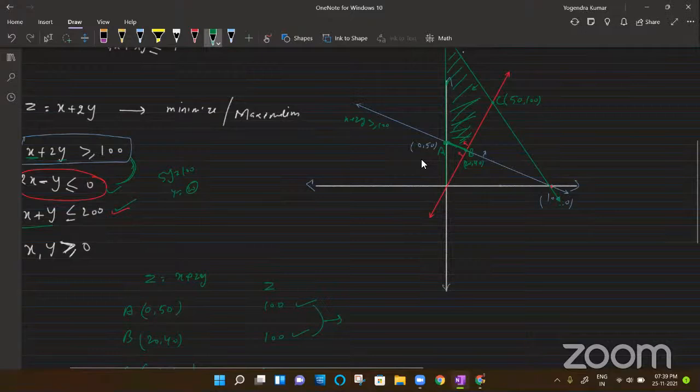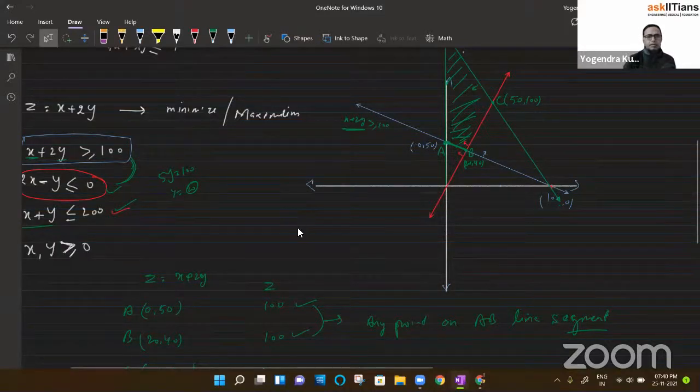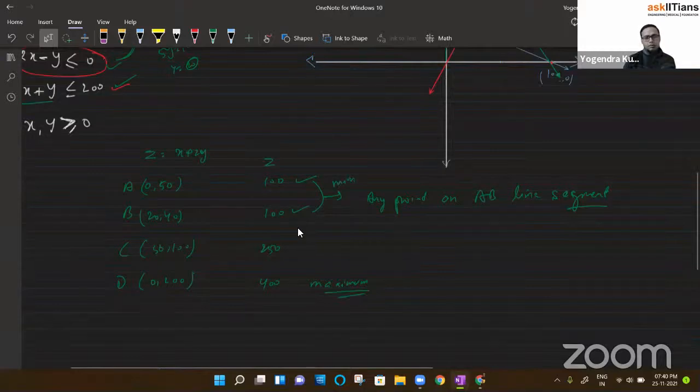Because the equation of the line is x plus 2y equals 100, for any point over this line we get 100 only. Above this line it is more than 100, but on this line it is 100 only. So any point on the line segment AB gives the minimum.